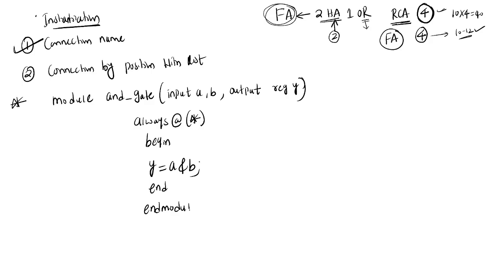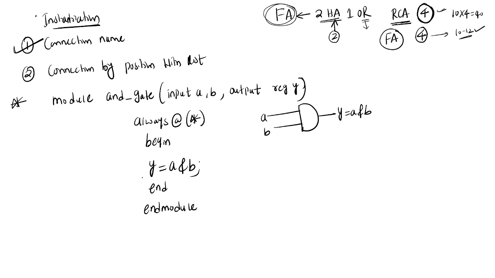This is my code for a simple AND gate, by using behavioral modeling. Is this code understood?